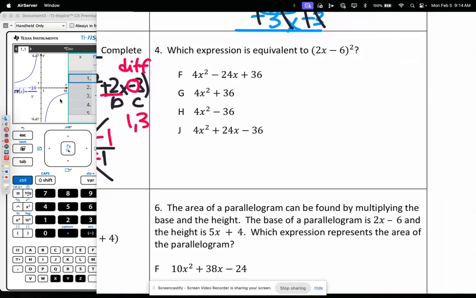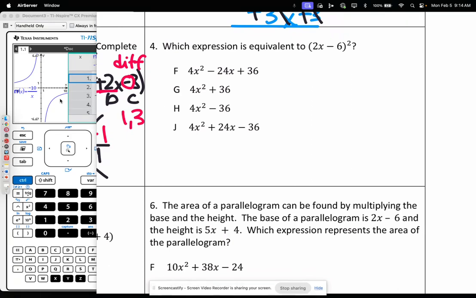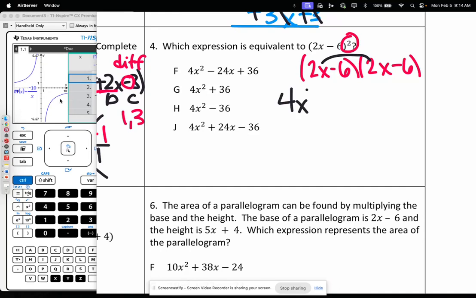Number 4. Okay, so this is going to be multiplying, but when you square something, you're going to have to multiply it: 2x minus 6 times 2x minus 6. You can do box, or you can do distributing. I'm going to do distributing. Remember that x times x is x squared, minus 12x, minus 12x, plus 36.